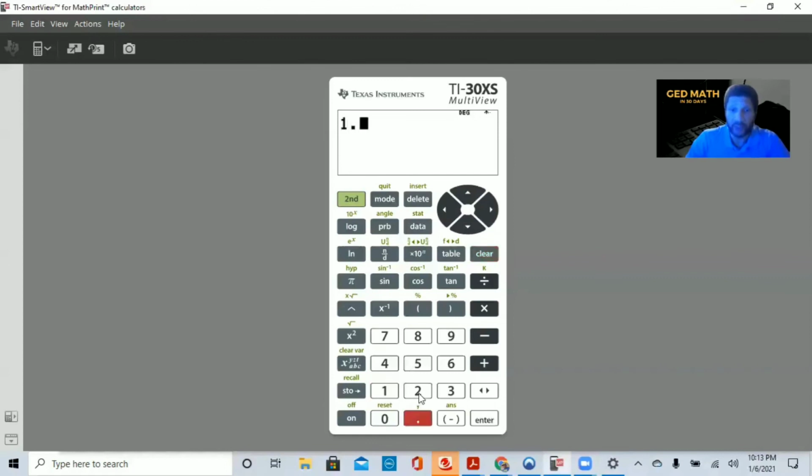For example, I have 1.2. I can change that to a fraction. I can change that to a mixed number. I can change it back to a decimal. Okay, so these are the things that you want to prepare. If I wanted to change that back to an improper fraction, 1 1/5.